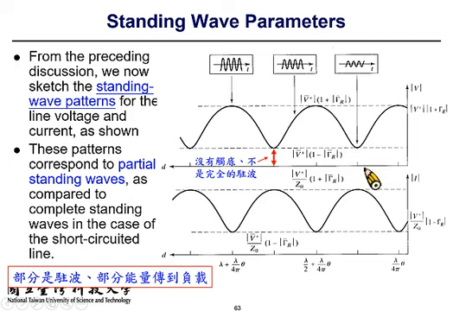You have only the traveling wave component, and the voltage will stay as a flat line on the transmission line. So the maximum voltage level and the minimum voltage level are the same. So the division is what? The division is 1. So if you have a matching case, then the SWR is 1.